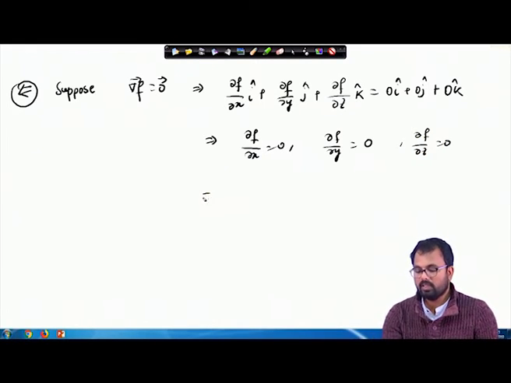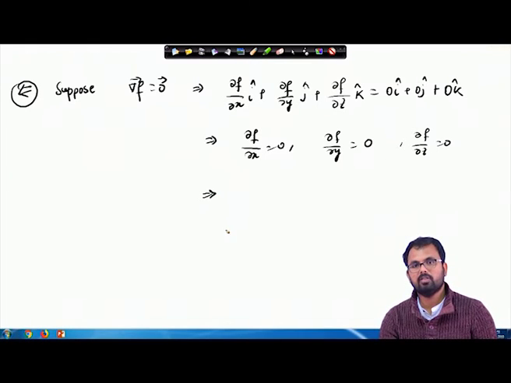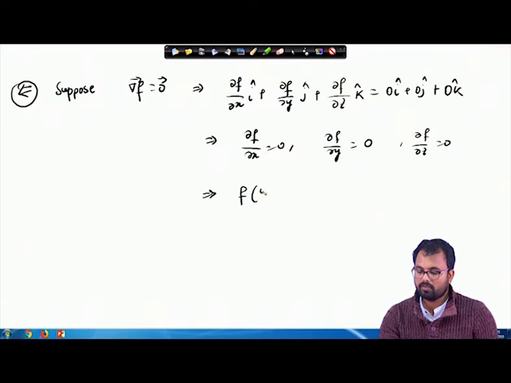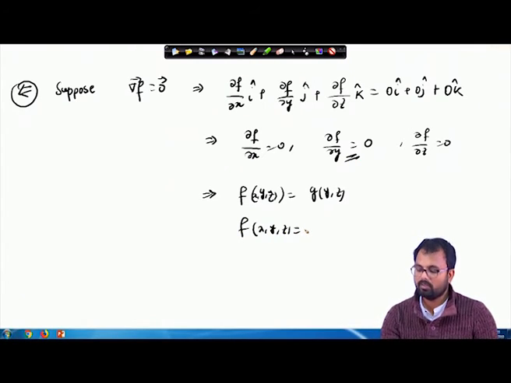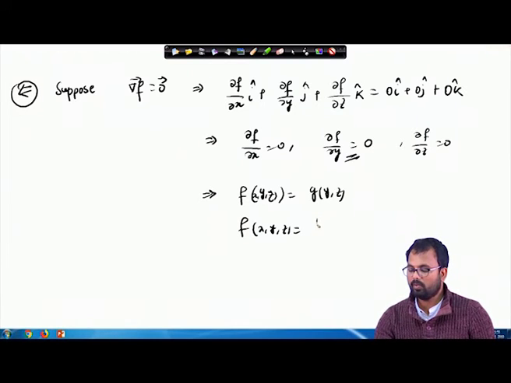If I integrate both sides of these equations, then f will be a function of y, z only. So, I can write g(y, z).